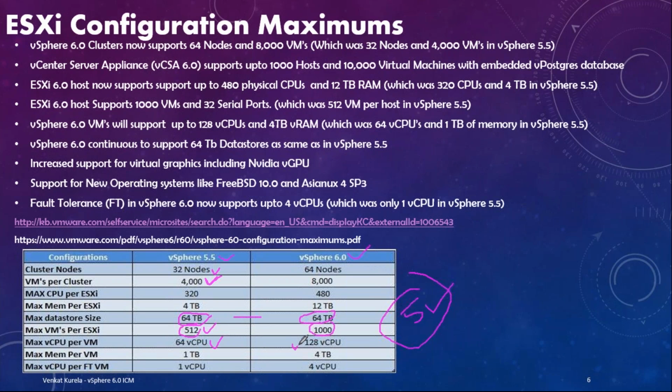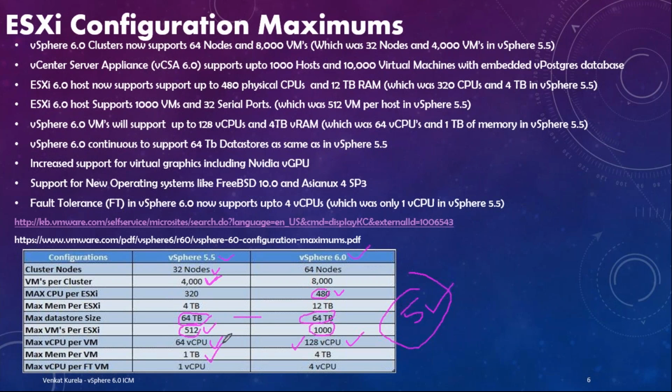Here it is 128. Again, don't confuse 480 and 128. 480 is at the ESX level. On ESX you can create multiple virtual machines. Each virtual machine can have up to 128 virtual CPUs.